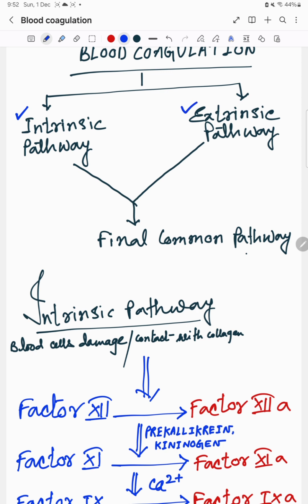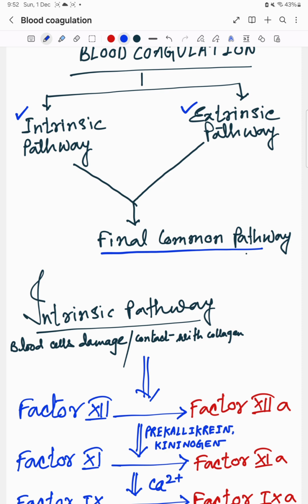And you can see that this intrinsic pathway and extrinsic pathway are combining and producing the final common pathway, right? So what are these pathways? There is activation of factors which will lead to formation of a blood clot. Okay, so for the activation of blood clotting factors, we need these pathways.